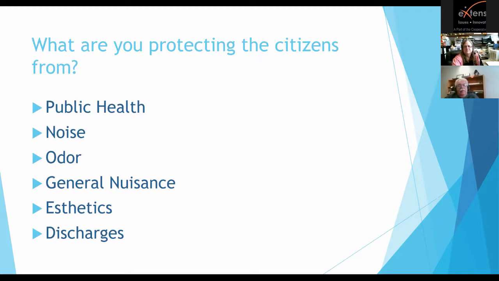And there could be many different things. Examples of things you could be protecting citizens from are public health, the fact that there might be a concern about the production of birds in an area or things of that nature. There could be things about protecting people from unnecessary or nuisance noise complaints.